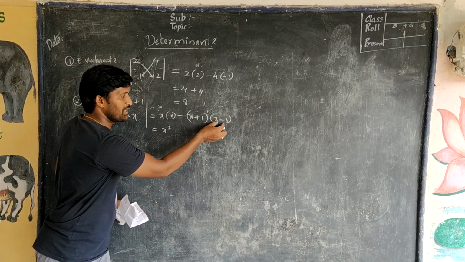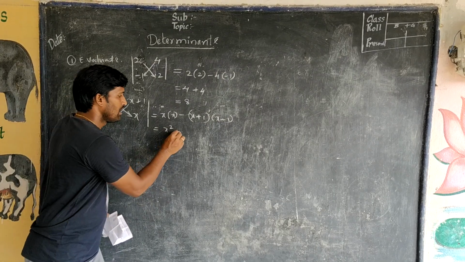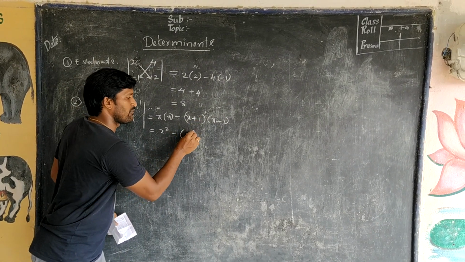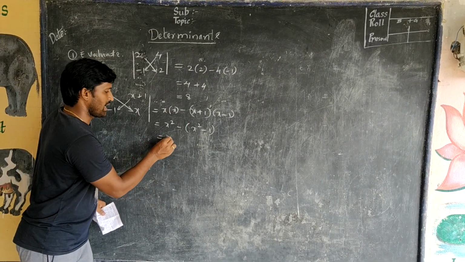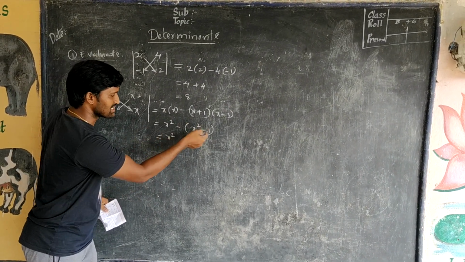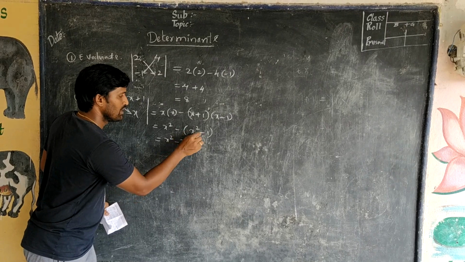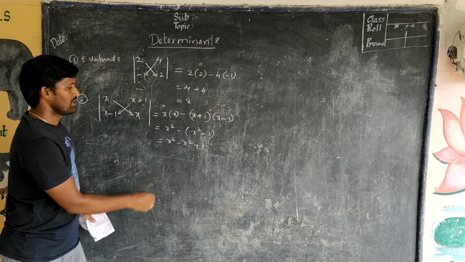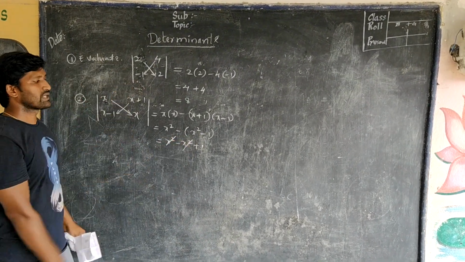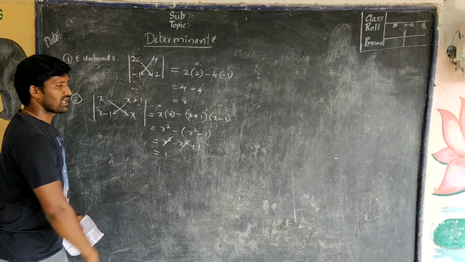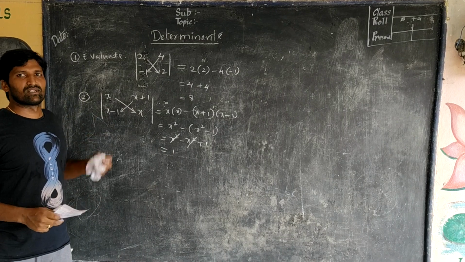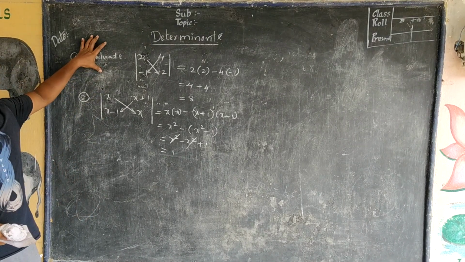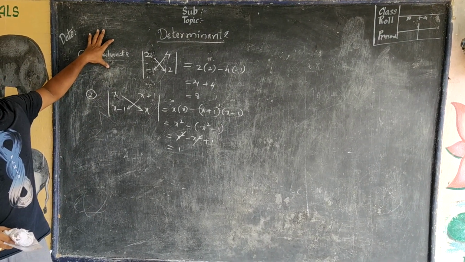It is like a plus b into a minus b. What is the formula? a square minus b square. Now from this, x square, and multiplying the minus inside, minus into minus is plus. Now plus x square minus x square cancel. What is the remaining value? 1. These are simple examples to evaluate the determinant of a 2 by 2 matrix.